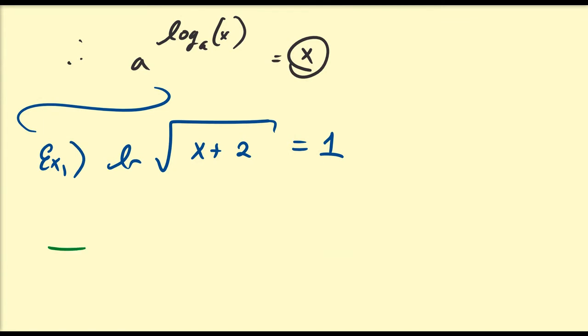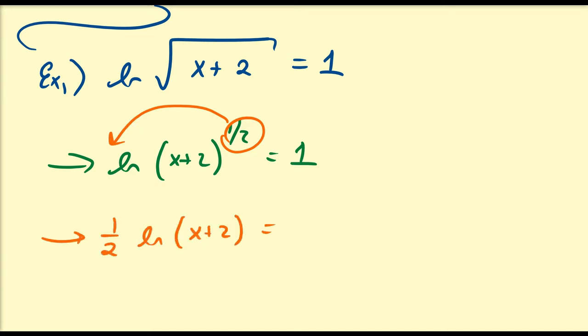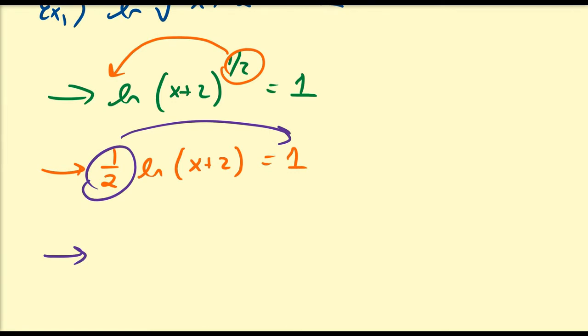Remember that square roots are the same thing as fractional powers, right? So we can rewrite that expression as so. And then we can use our properties of exponents and bring this 1/2 down. So we have 1/2 times the natural log of x plus 2 is equal to 1. And then we can bring that 1/2 to the other side by multiplying both sides by 2. So we're going to have natural log of x plus 2 is equal to 2.